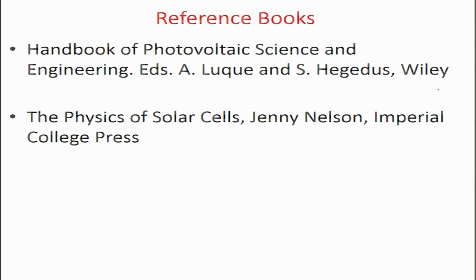It is a very good book. Again, it has the analysis for characteristics in light. Then Physics of Solar Cells by Jenny Nelson, Imperial College Press, again a good book. Most of the material that I am going to teach is taken from these two books, in particular Physics of Solar Cells by Jenny Nelson.